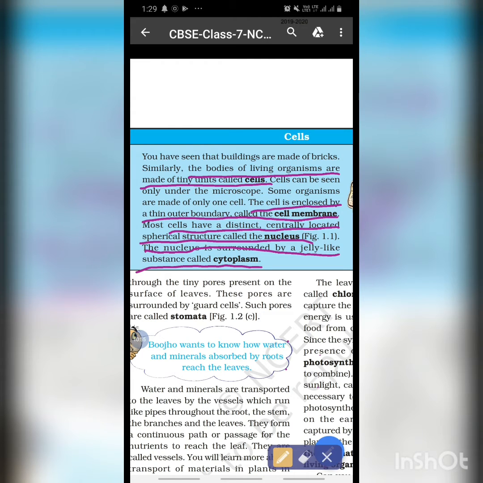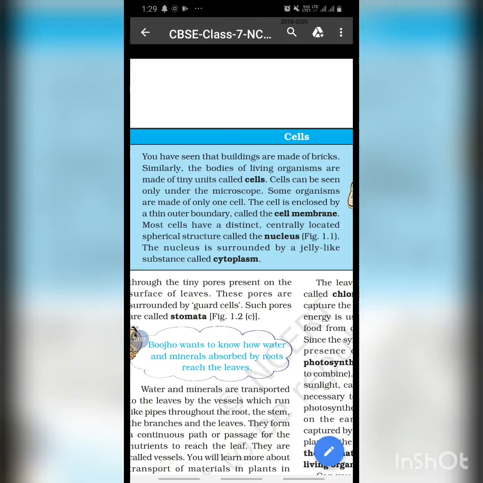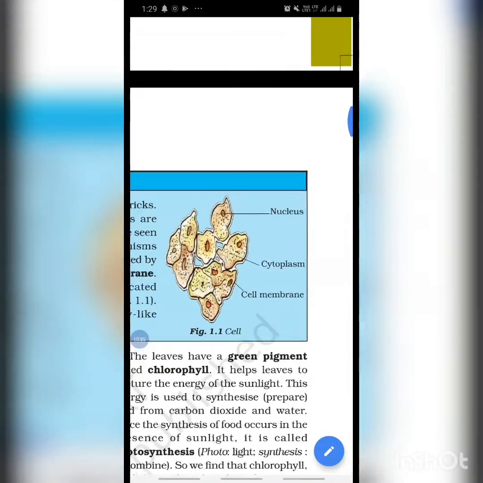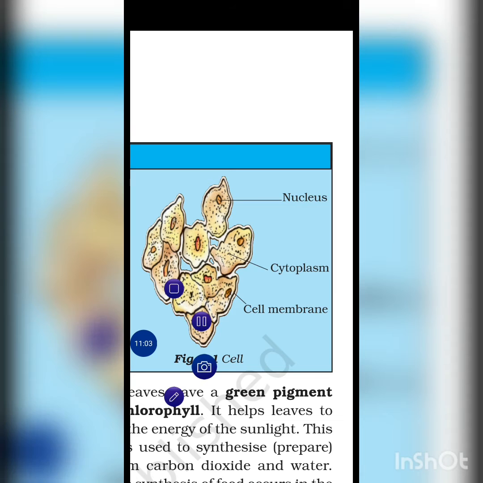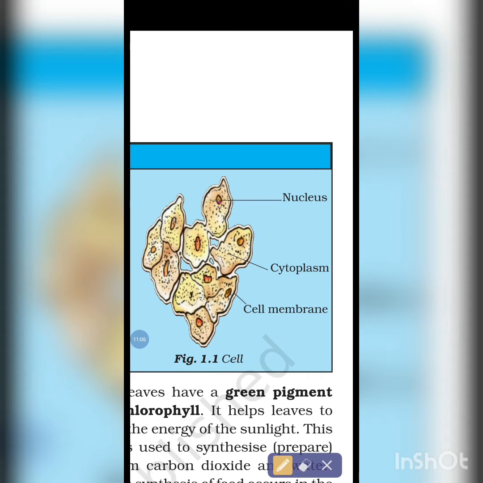Now we will see the diagram of the cell. See, this small circle is called the nucleus, and the nucleus is surrounded by a jelly-like structure which is known as cytoplasm.